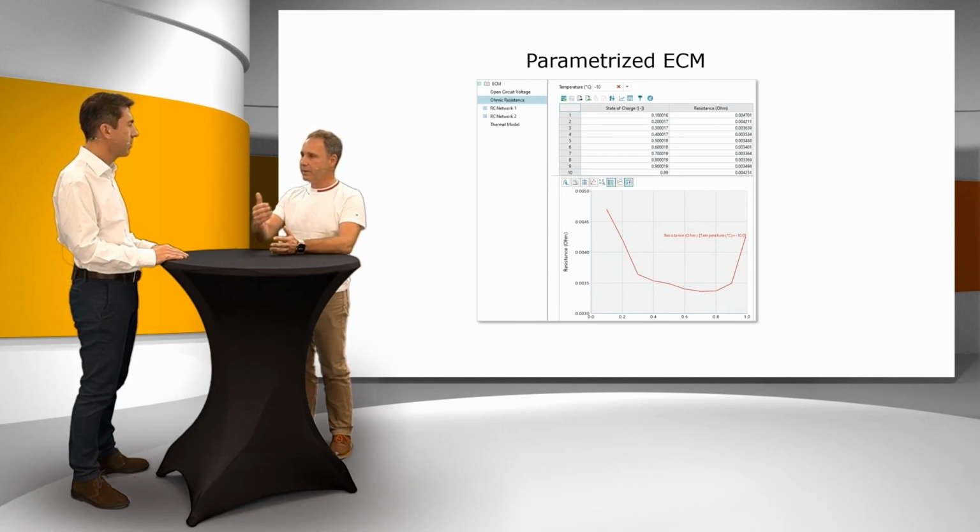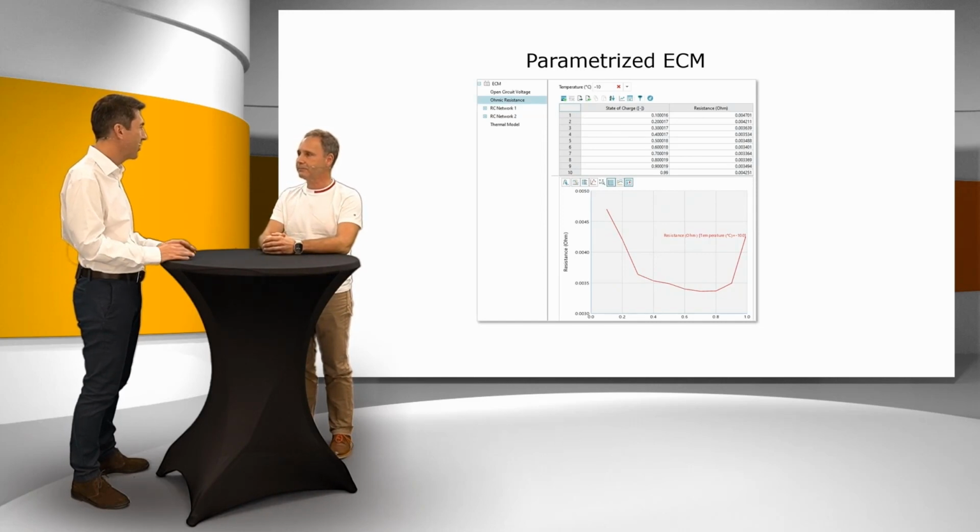So therefore, we can provide a more efficient testing profile for the test engineers so that they can reduce testing time. And of course, the maps can become more detailed, because if I run more temperatures, there is not a lot of effort in doing this by simulation. Yeah, that's really cool.